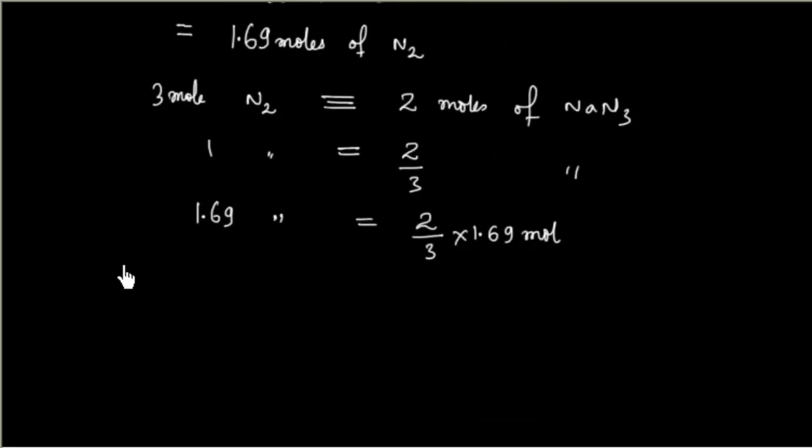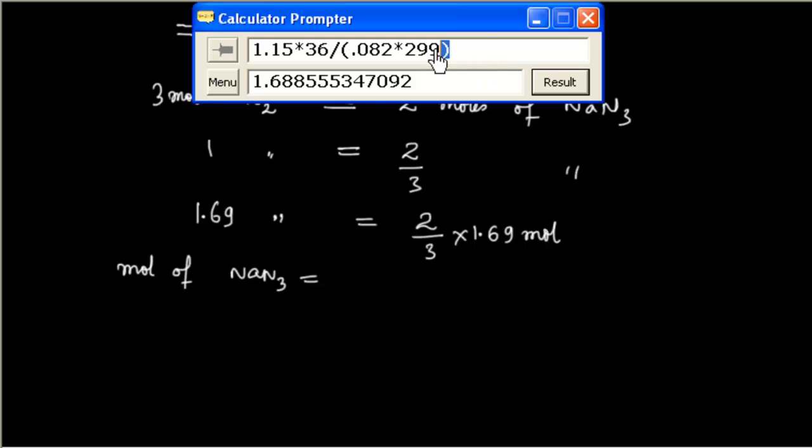So moles of sodium azide, NaN3, equals 2 into 1.69 divided by 3, and this value is 1.126.